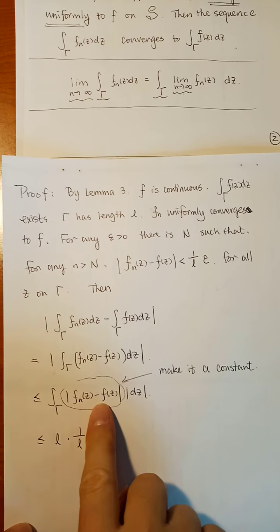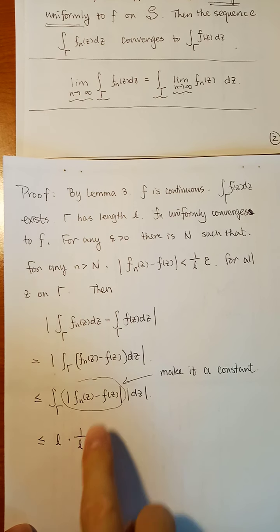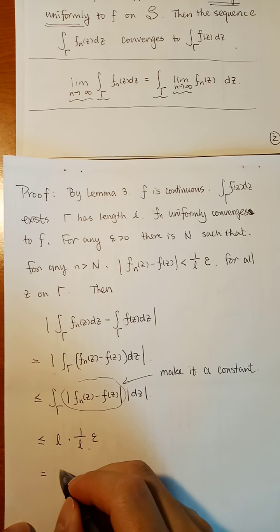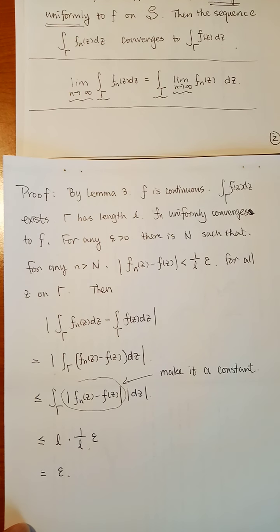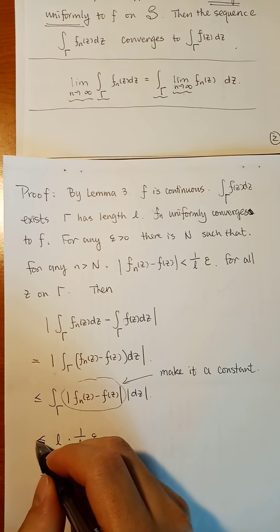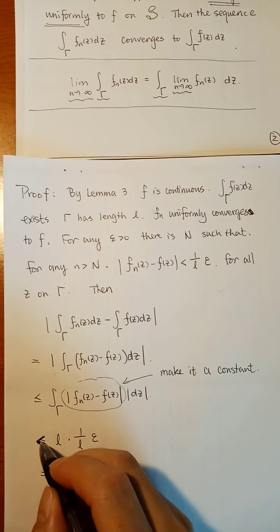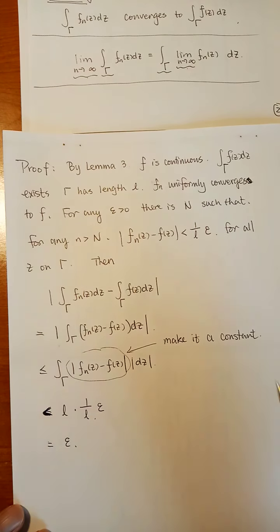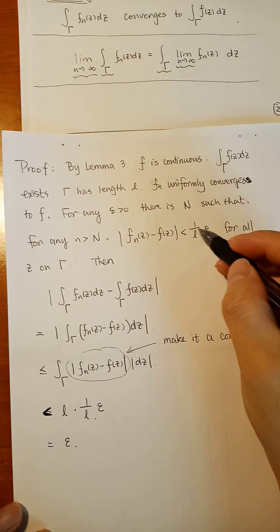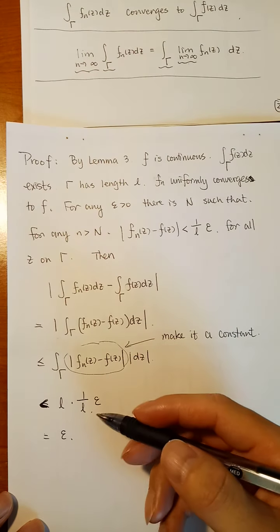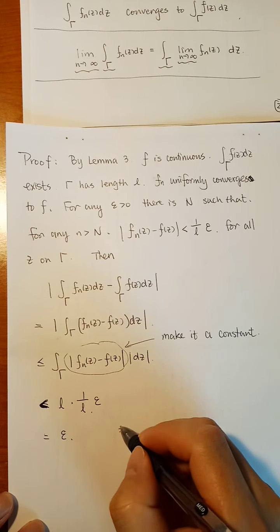It's a maximum value, an upper bound, and times L, so this is epsilon, right? Less than, not equal. Here we use strict less than. Okay, so that is the strategy to determine this coefficient. And this just means the convergence. So we finish.